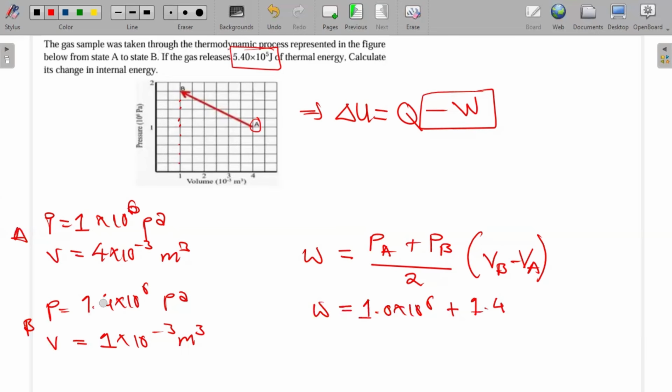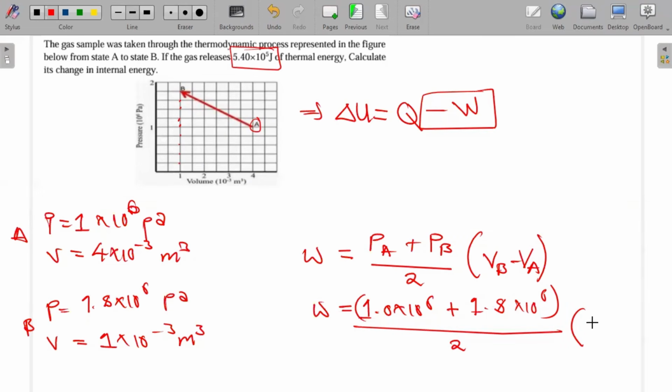This is the scale that we've been given. So I'll write this one as 1.8 times 10 to the power 6. I'm adding these two, then dividing by 2, then multiplying by the difference of the second volume from the first volume.